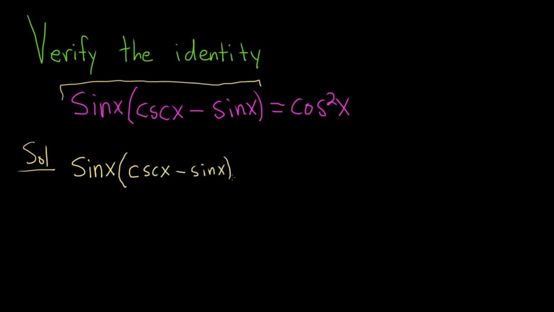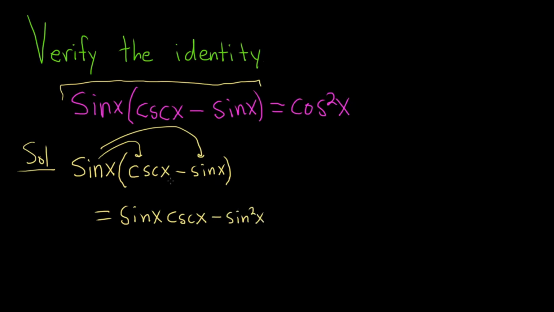All right, good stuff. So now really the only thing we can do is go ahead and distribute the sine function. So let's go ahead and do that. Sine times cosecant is going to give us sine times cosecant. I'm going to show all the steps. You can certainly skip some of these steps. And then sine times sine is going to give us sine squared.